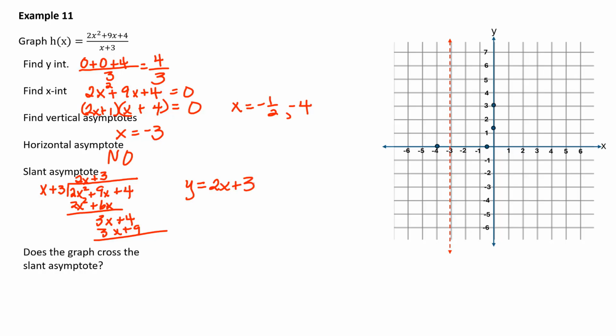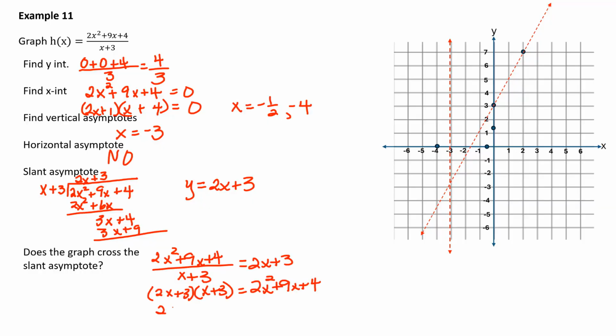And if we graph a couple of points on there, we can draw that line. The question is, does the graph cross the slant asymptote? Because a graph can cross a slant asymptote, so we need to check on that. The way we do that is to see if the function can equal 2x plus 3. So we would use our cross products, and that is going to be 2x squared plus 3x plus 6x plus 9 is equal to 2x squared plus 9x plus 4.